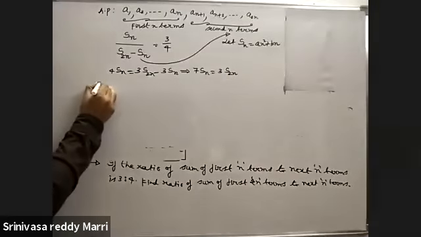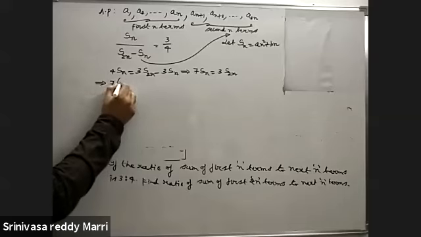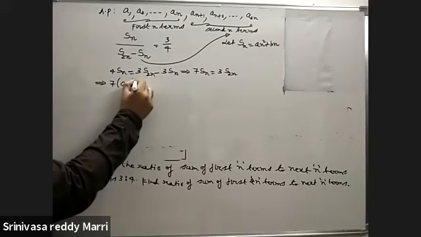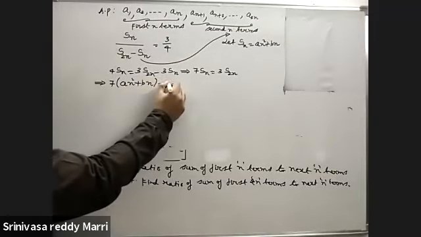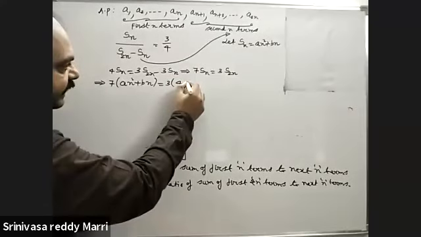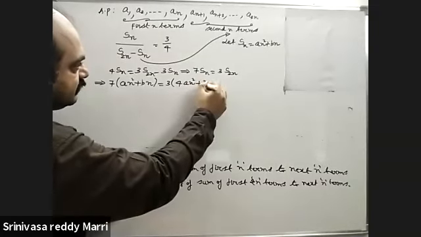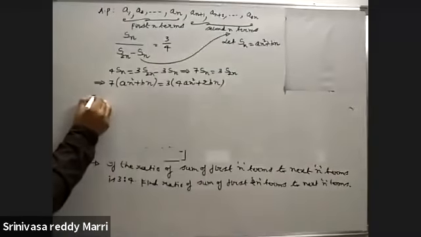So 7 into Sn, An square plus Bn, equals 3 into S2n, substituting 2n: 4An square plus 2Bn. Just find the relation for B.